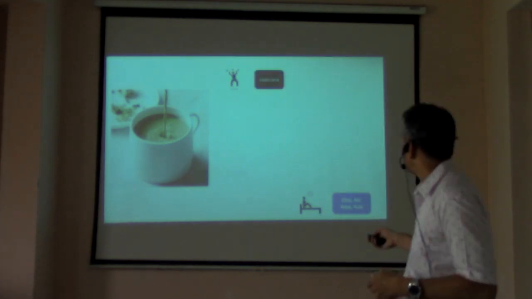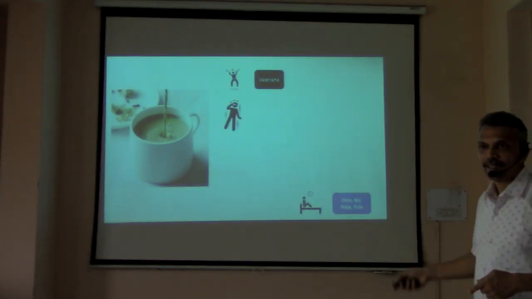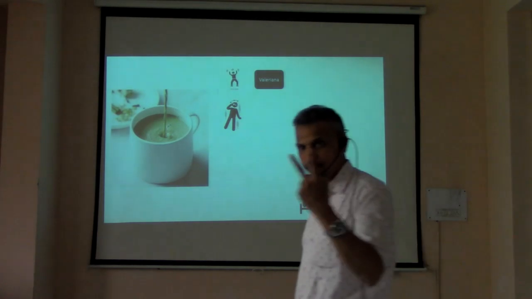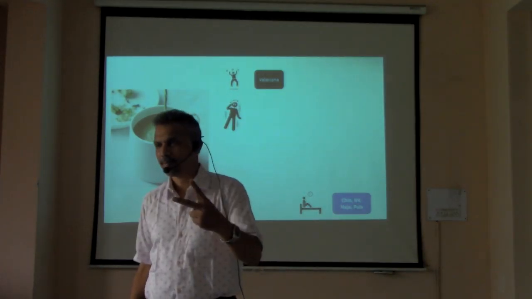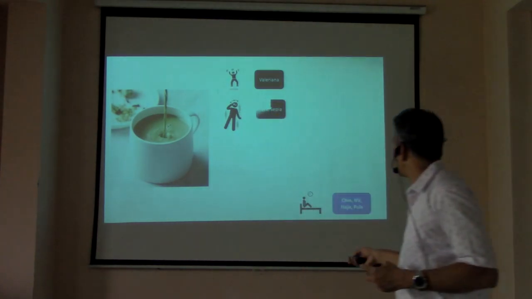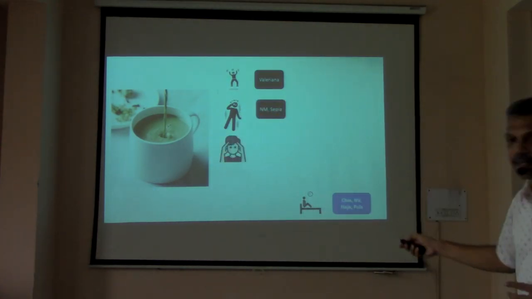Okay? So Valeriana is the remedy, and for example, if there is vertigo after tea, you have two remedies, Natrum muriaticum and Sepia. Okay? And then you have headache.